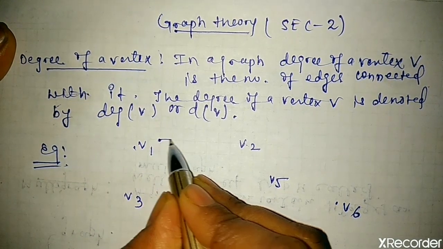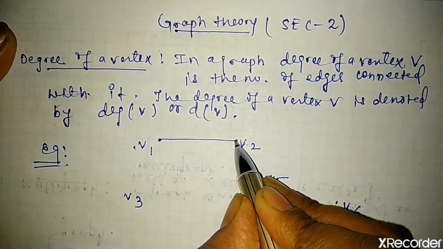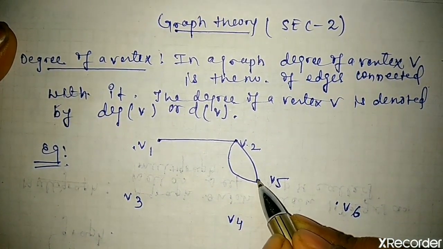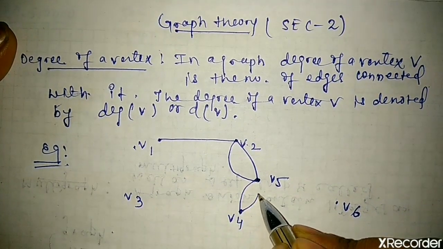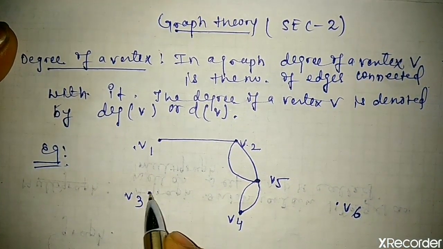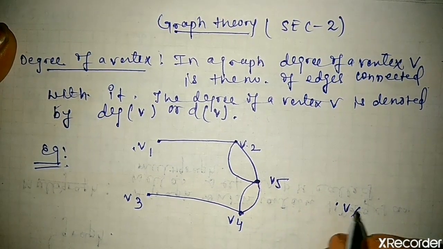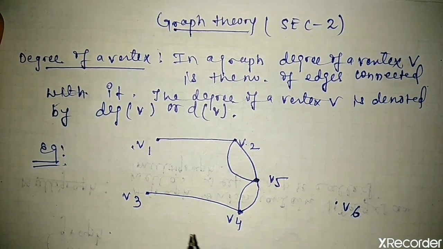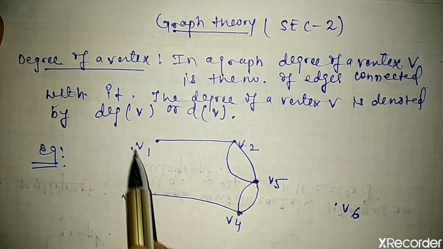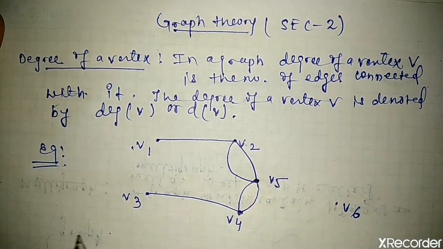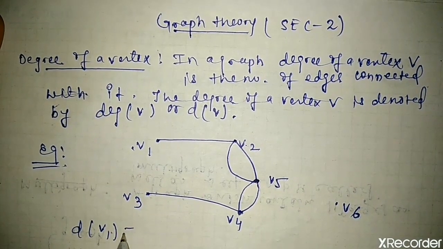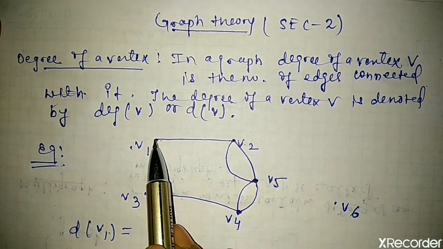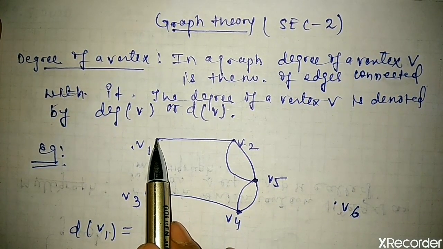Suppose we have joined V1 to V2, then V2 to V5, then V5 to V4, V3 to V4, and we leave V6. If we are asking about the degree of V1, we write d of V1.